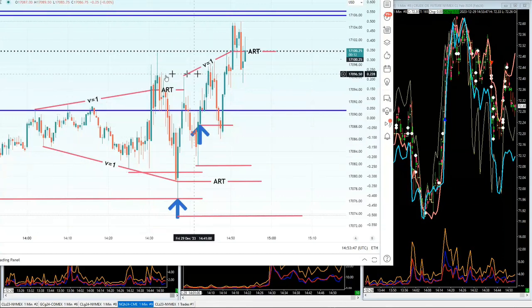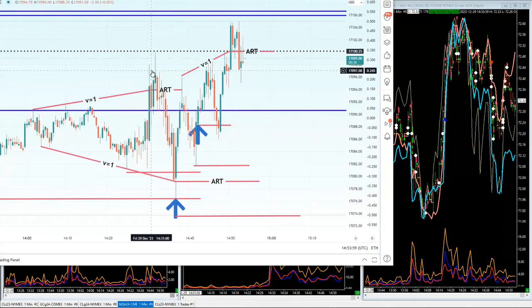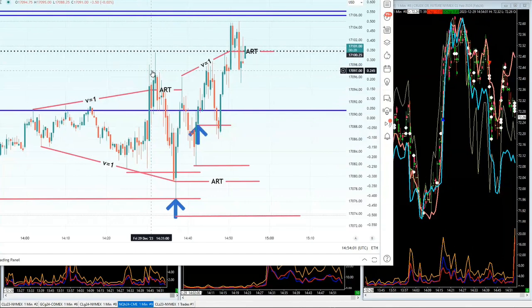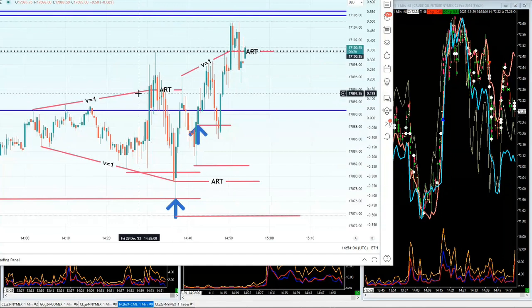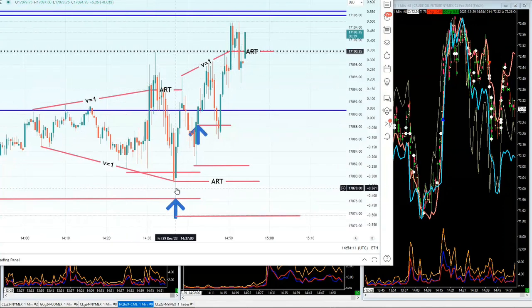So when V doesn't equal 1, either it's less than 1 or more than 1, one of the key ideas here is there's got to be a reason for that taking place. There's got to be a reason. So when we understand that, we can recognize that when it's V plus 1, which would be above, and V plus 1 when it's below, keeping the same idea, we need to look in this area that is defined by the art line.